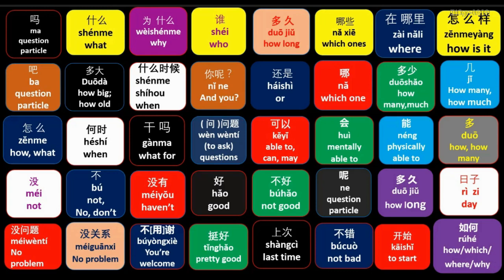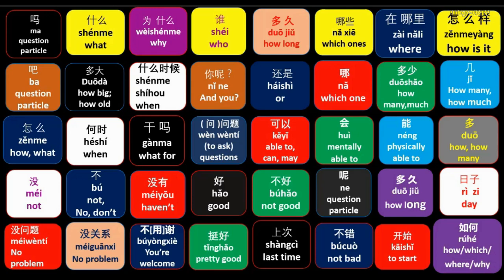Nice. Now, while we're still here, we want to move diagonally up to the right, where we will ask the question, where? The reason why we jump in there is because there is also the character 哪, 哪里. Now 哪里 means where.